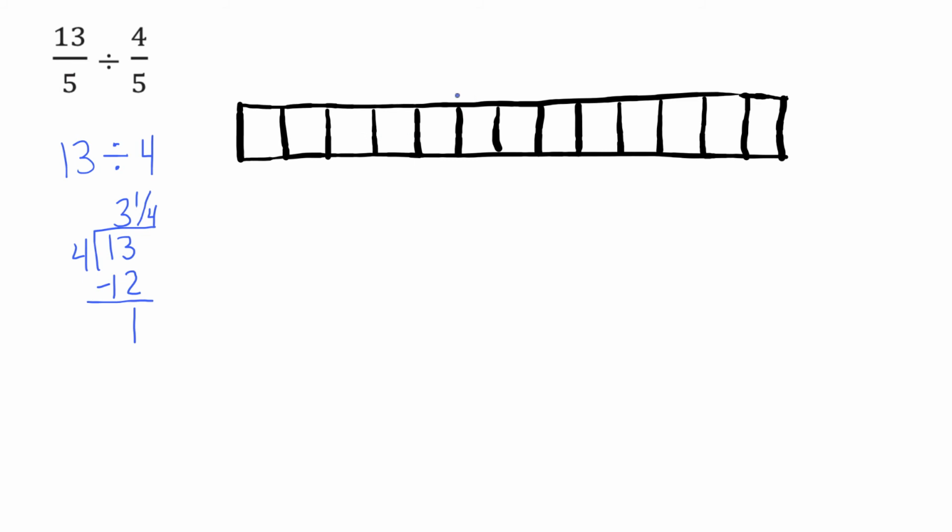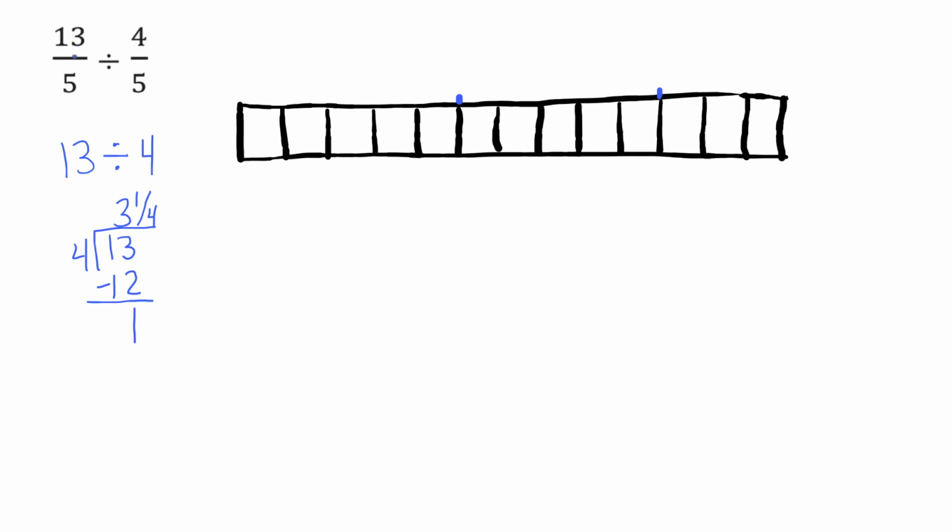This is where 1 ends up. 1, 2, 3, 4, 5. There's the end of 2, right? So from here to here is 1. That's 5 fifths. From here to here is 2. That's 10 fifths. And 3 more fifths, okay? So it's 2 3 fifths is 13 fifths.